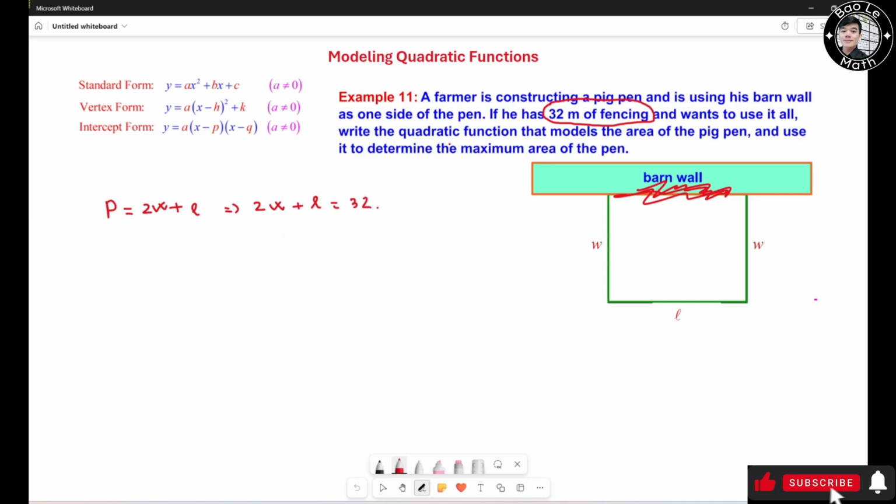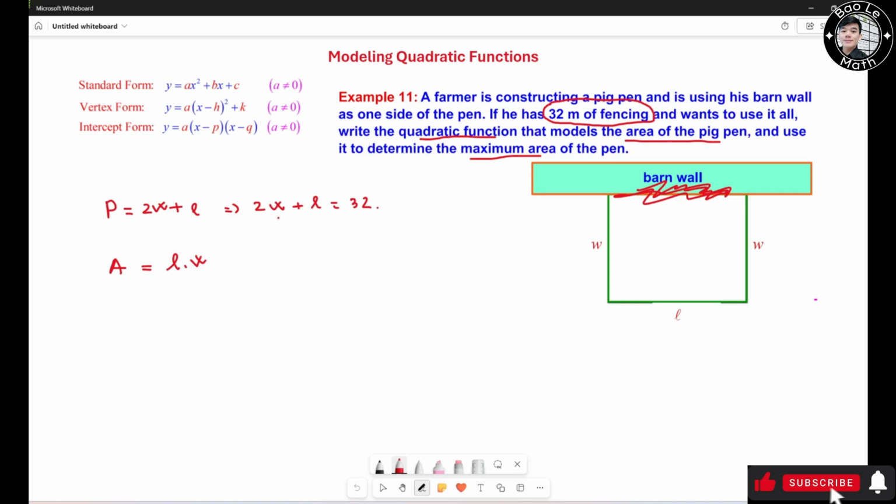Now, next one. Because the question asks you to write a quadratic function that models the area of the pig pen and use it to determine the maximum area, the area is going to be length times width.